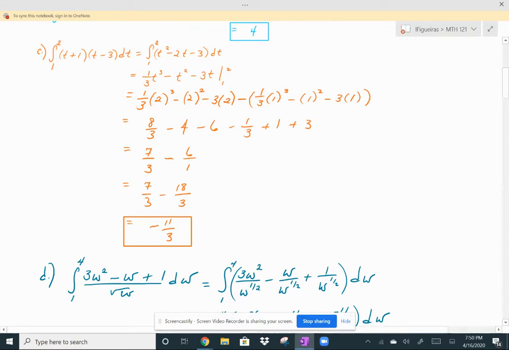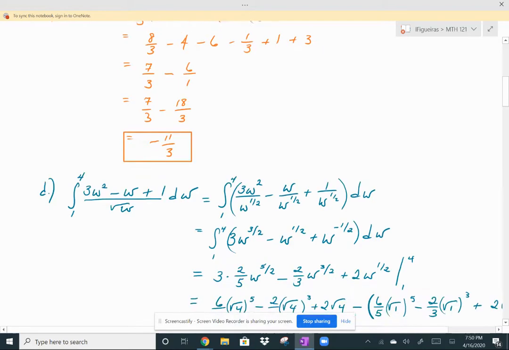Any part between the x-axis and the curve that lies above the x-axis would be positive. So this indicates that for the net area of both the positive and the negative parts, there's more negative than positive, so the net is a negative 11/3.